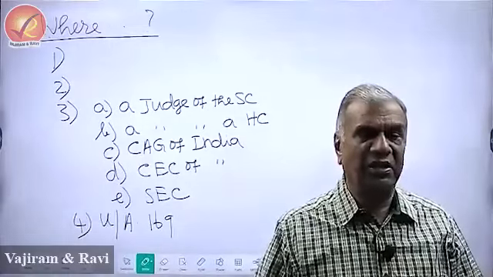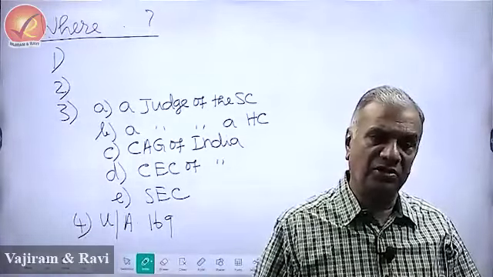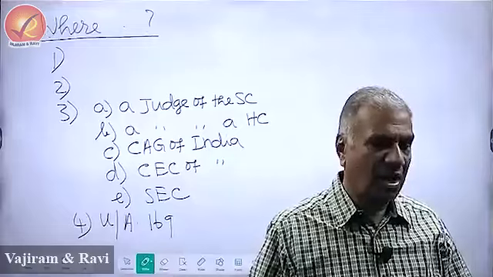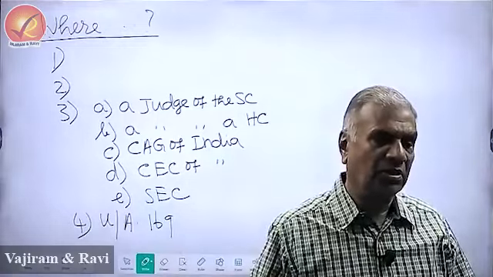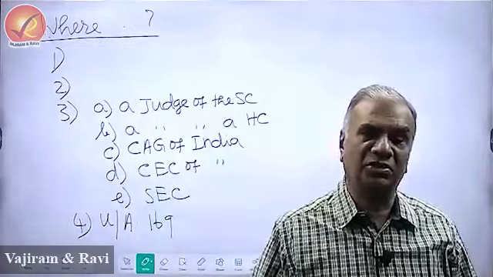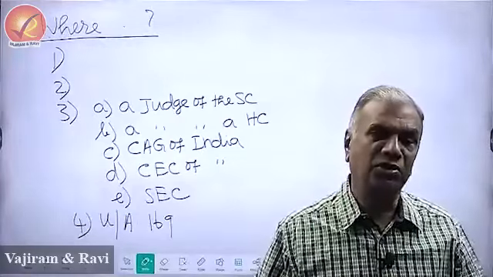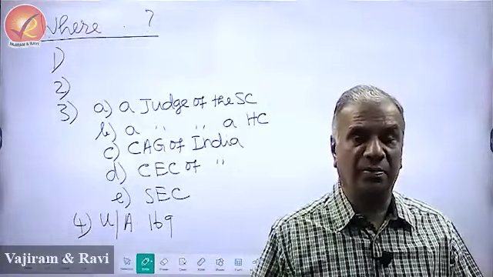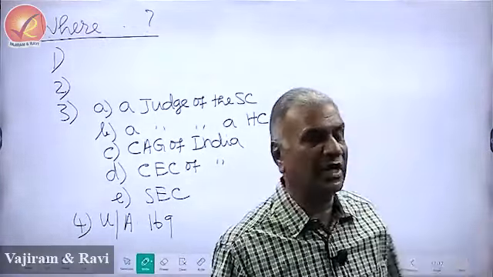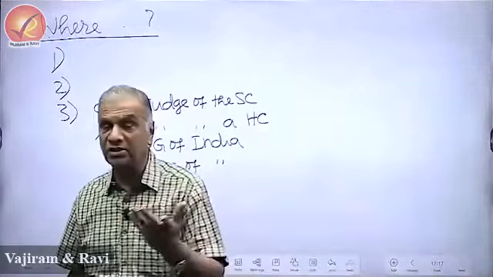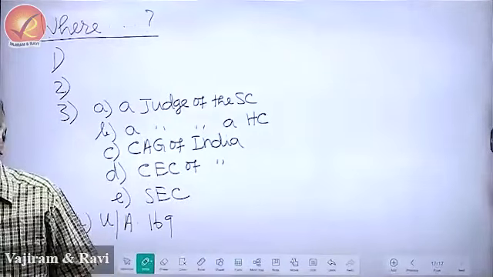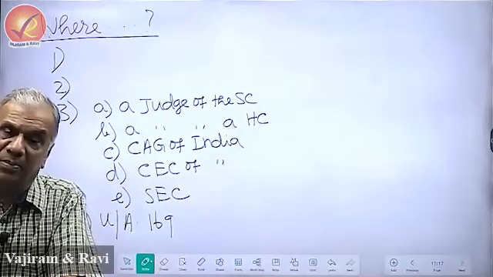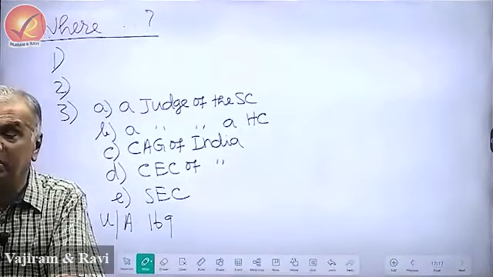So many states, Assam, Rajasthan, Tamil Nadu, have already passed resolutions under Article 169 for the creation of a legislative council. But the parliament so far has not acted upon that for more than 10 years. So the resolution passed by the state legislature is not binding on the parliament. The parliament may or may not act upon it.